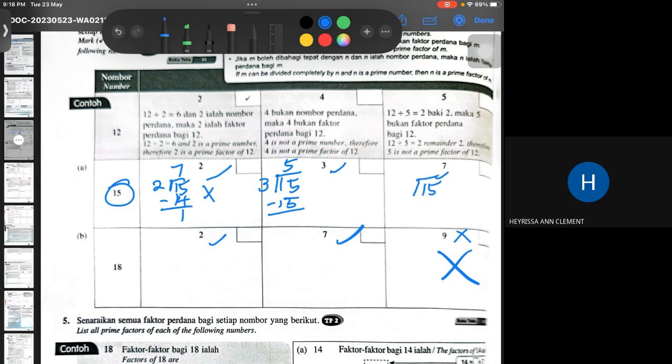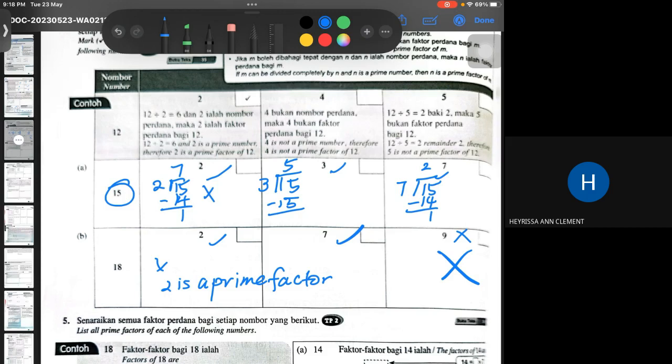For this question, 7, although 7 is a prime number, but it's not a prime factor for 15. And then you check with this number. This number, confirm 2 is a prime factor. Without doing, I already know that this 2 is a prime factor for 18.